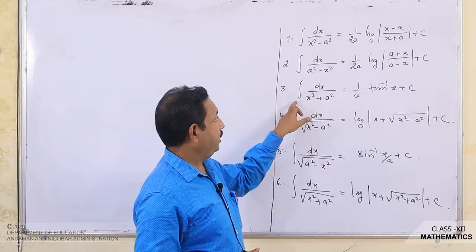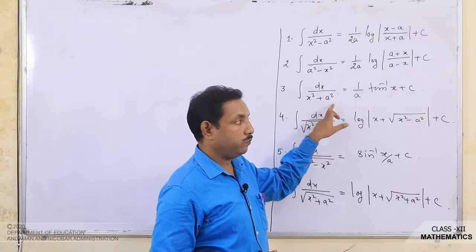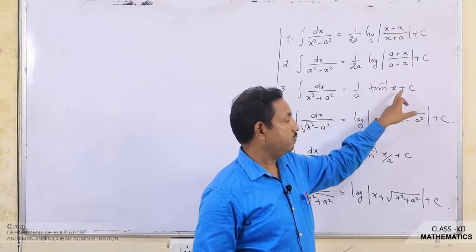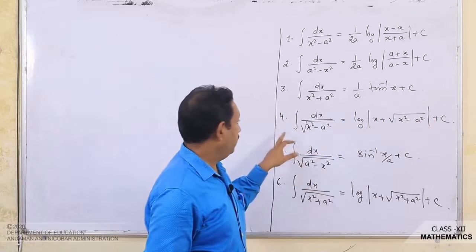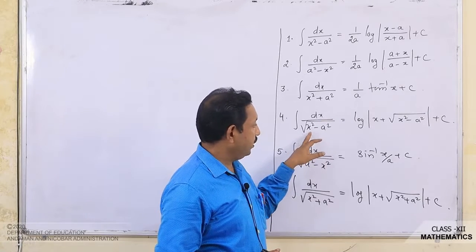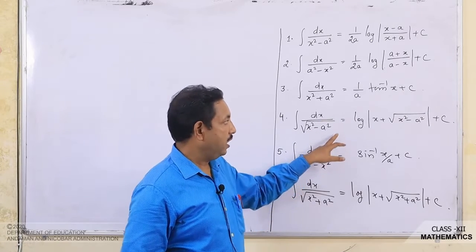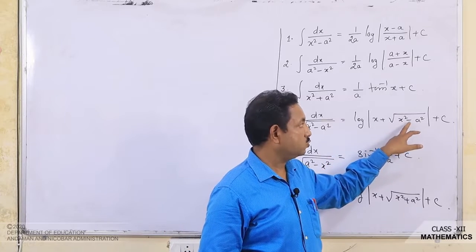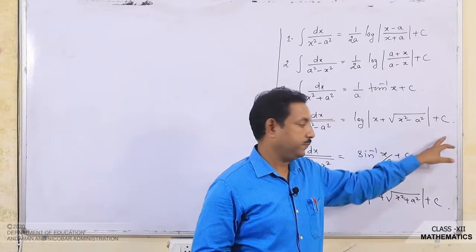Number 3, integration of dx upon x square plus a square is equal to 1 by a tan inverse x by a plus c. Number 4, integration of dx upon under root x square minus a square gives us log of x plus under root of x square minus a square plus c.